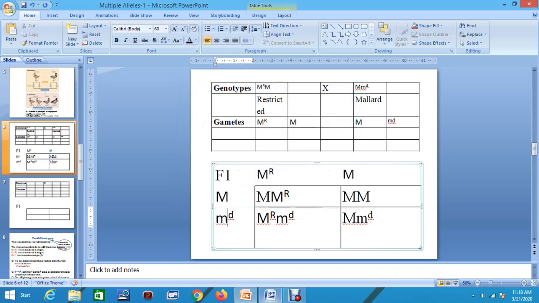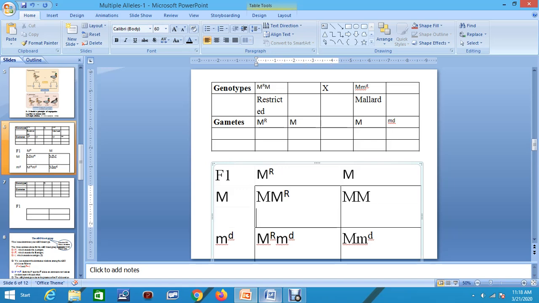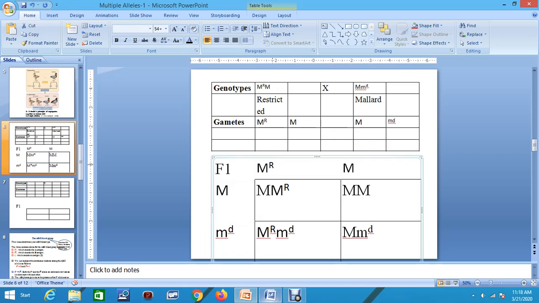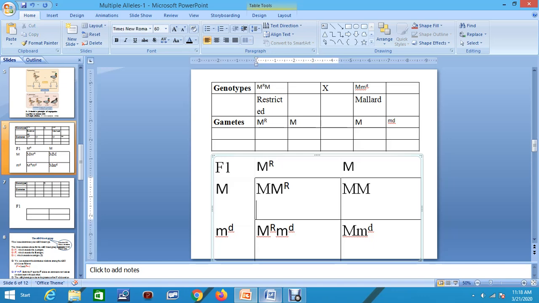Okay. Now, what will be the possible phenotype for this kind of genotype? The possible phenotype: R is dominant over capital M, so it will be restricted, and capital M, what will be that?